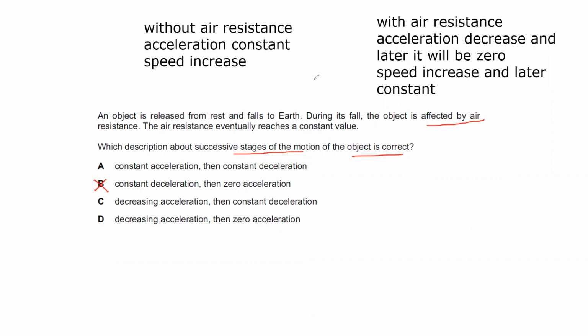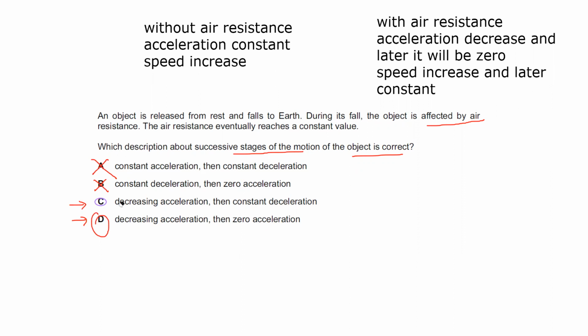For a falling object with air resistance, the acceleration decreases. So it cannot be A as well, because constant acceleration is for without air resistance. So either C or D will be the answer. When we check, it is decreasing acceleration. Initially the acceleration decreases and then the acceleration will be 0. So that's why D is the right answer.